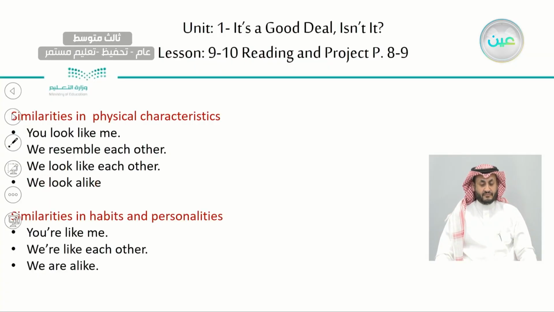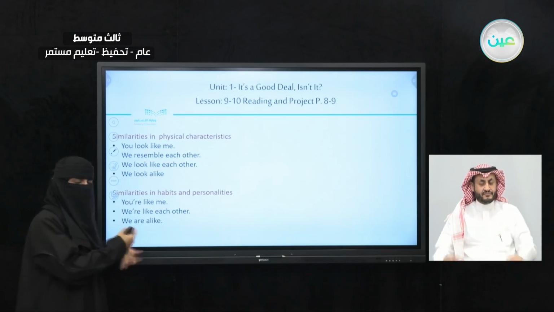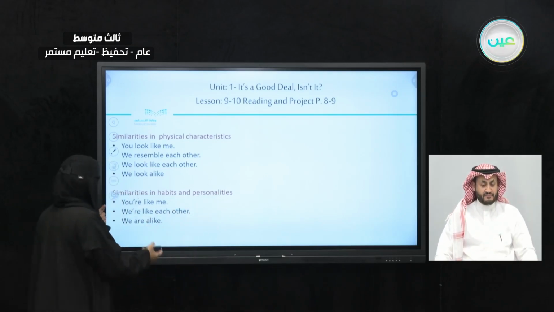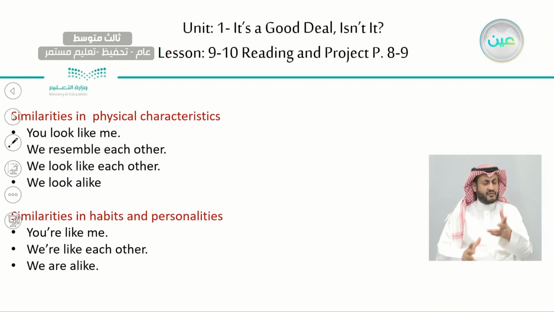We look alike. And when you are describing similarities in habits and personalities, we are not looking at the appearance, we are looking inside at the habits, their daily routine, and also their personality. How do we describe if you have the same personality? You're like me.